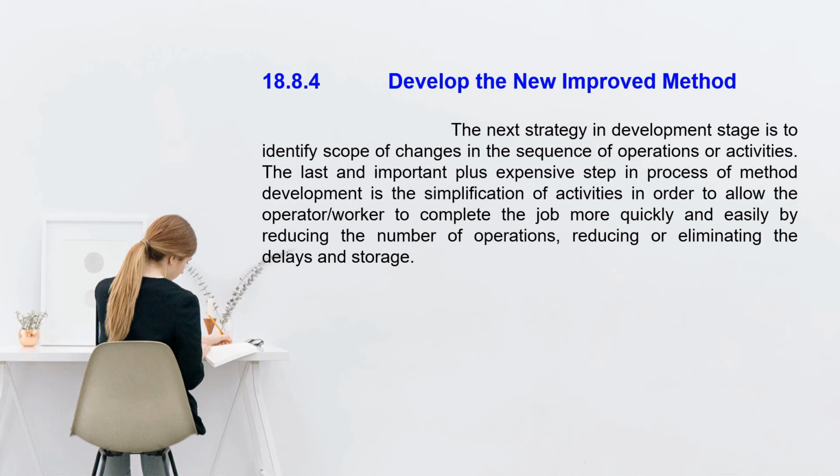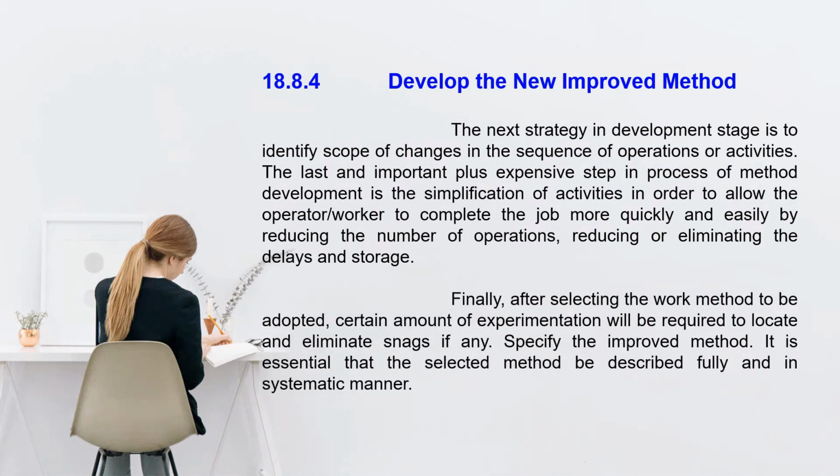The last, important, and expensive step in the process of method development is the simplification of activities in order to allow the operator or worker to complete the job more quickly and easily by reducing the number of operations, reducing or eliminating the delays and storage. Finally, after selecting the work method to be adopted, a certain amount of experimentation will be required to locate and eliminate snags if any. Specify the improved method.